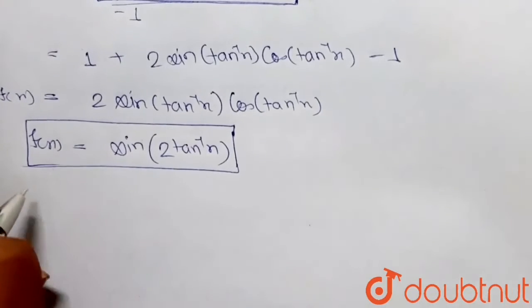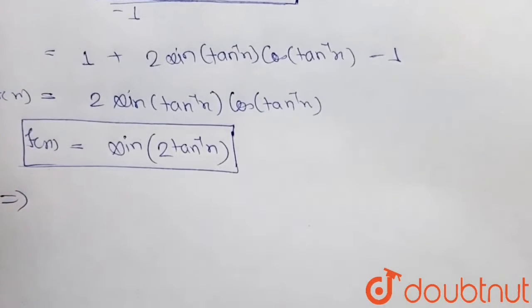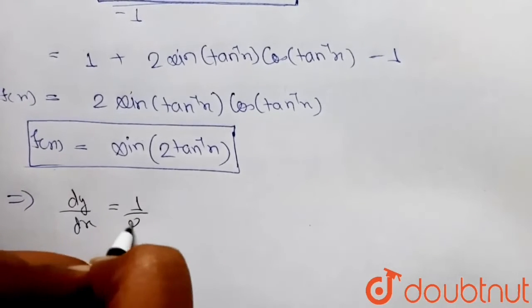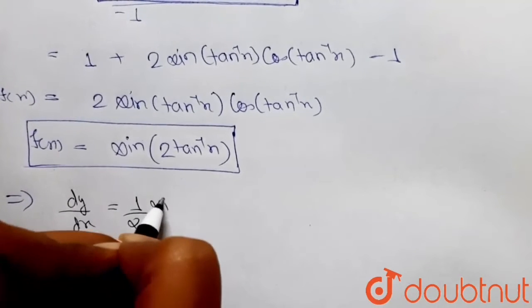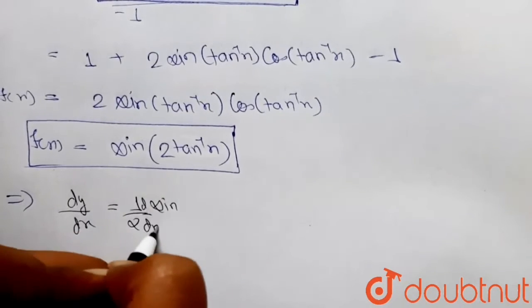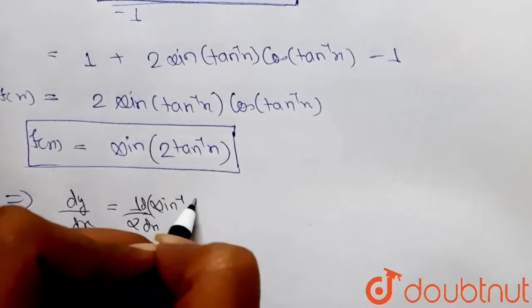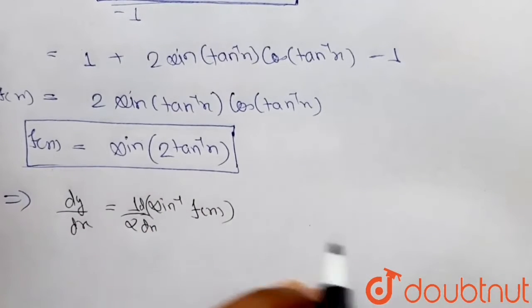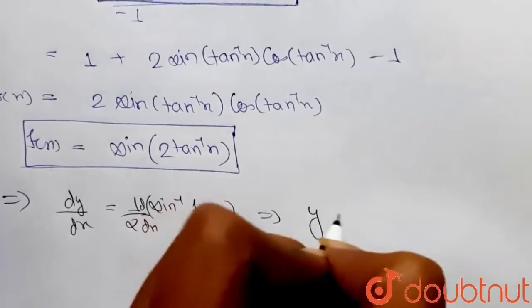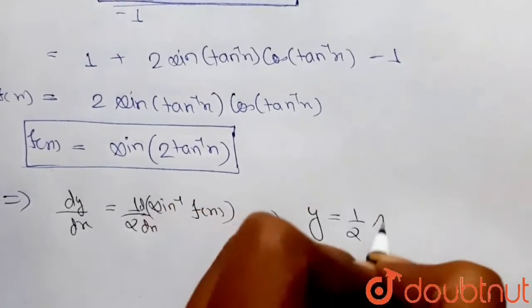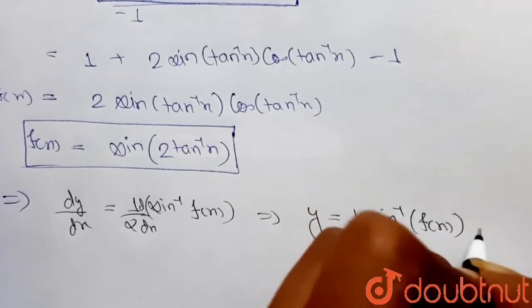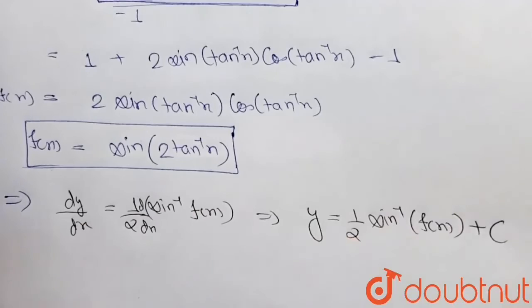Now in the question it was given to us that dy by dx is equal to 1 by 2 d by dx of sine inverse f of x, right? So if I integrate this thing, this will become y equals to 1 by 2 sine inverse f of x plus c, where c is a constant of integration, right?